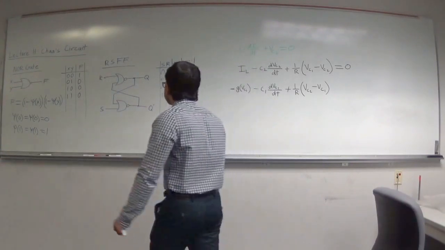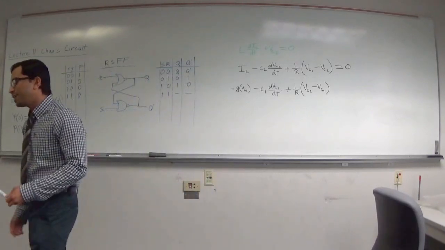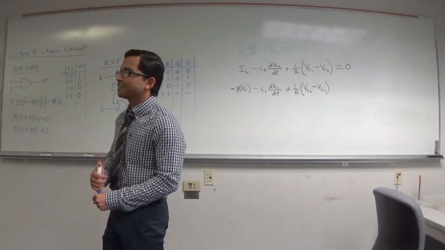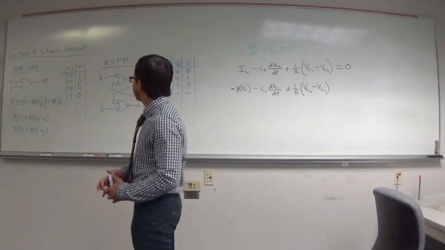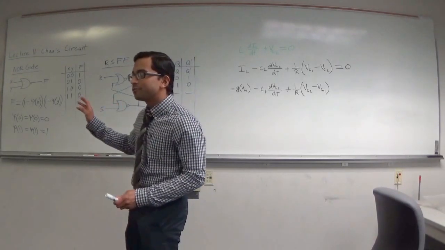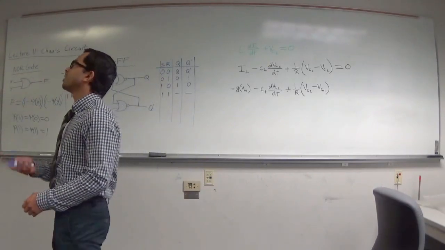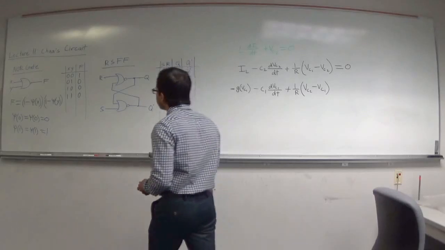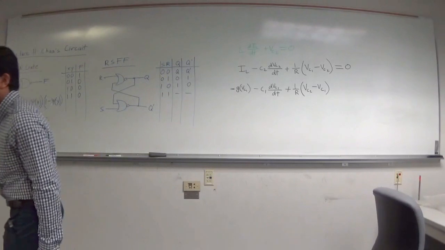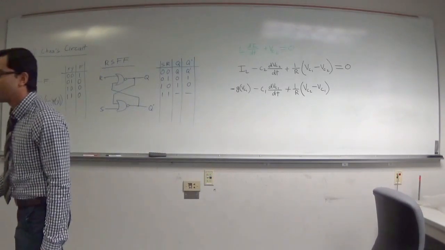I shouldn't say the RS flip-flop isn't chaotic. The usual way it's implemented is not chaotic. It depends on the regime. The regime that's normally used isn't chaotic. Usually it's made with semiconductors, and it depends on what sort of model you're coming up with.